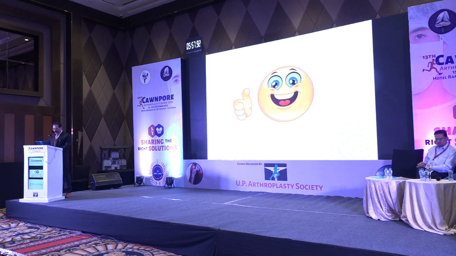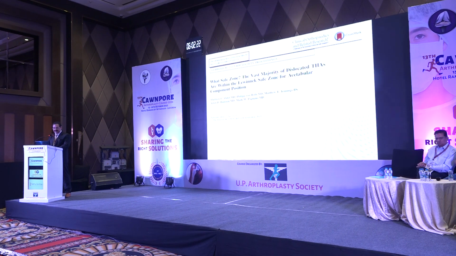But is it always true? A beautiful paper in 2016 challenged it, and it is worth reading the heading: what safe zone? The vast majority of dislocated THA hip arthroplasties are within the Lewinnek safe zone for acetabular cup position.